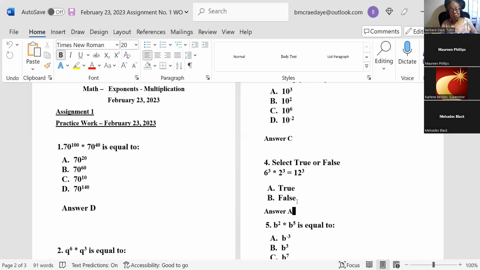Yes, the rule you're giving me about evaluating is for when both the power and the base are different. Like if this was to the third and this was to the second, then you'd evaluate and then multiply. But when your powers are the same, you just multiply the bases and raise it to that power. 6 times 2 is 12, and the power is the same, the third power.